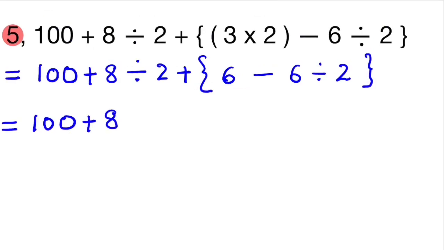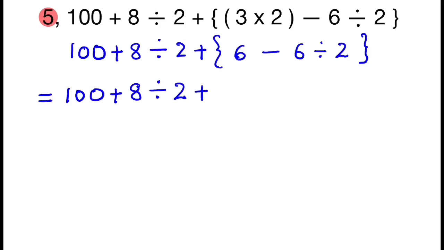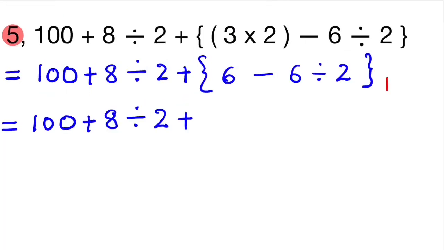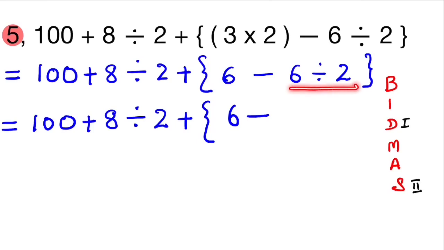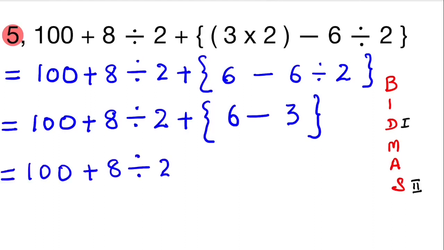Here you can notice that inside the curly brackets there are two operations, subtraction and division. By the BITMAS rule, we should perform division first and then subtraction. 6 minus 6 divided by 2 is equal to 3. 6 minus 3, 3.